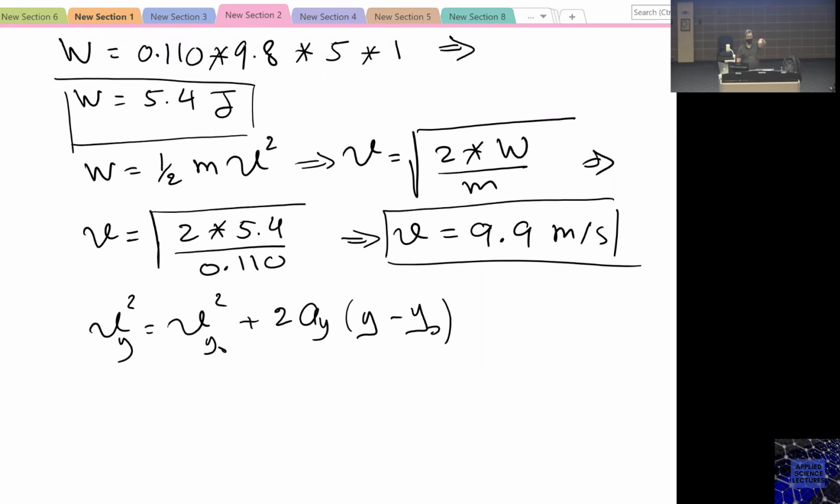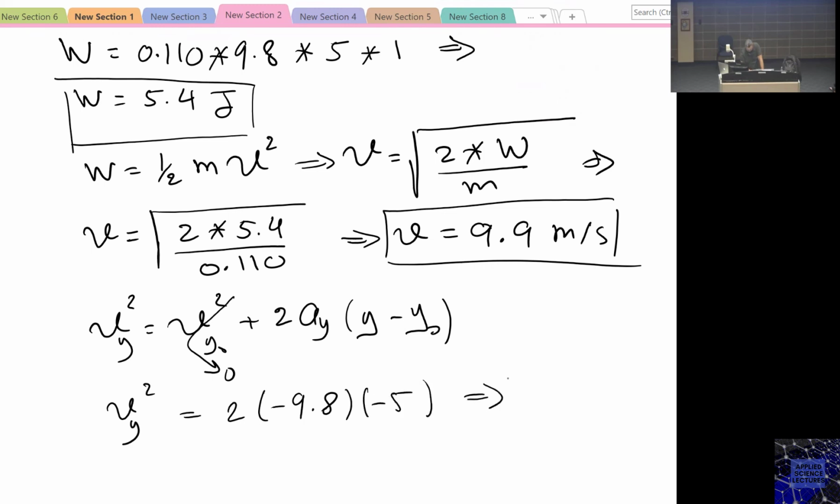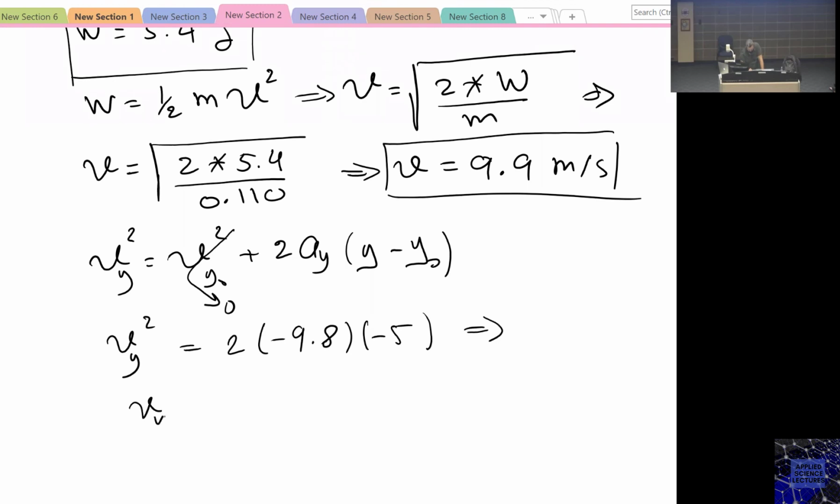I have the acceleration pointing down, so we substitute the acceleration as minus 9.8 in this equation. The displacement is also pointing down, so it would be minus 5. And vy naught is 0 because we're starting from rest. So we have vy squared equals 2 times minus 9.8 times minus 5. If you do the calculation, you will see that vy is 9.9 meters per second.